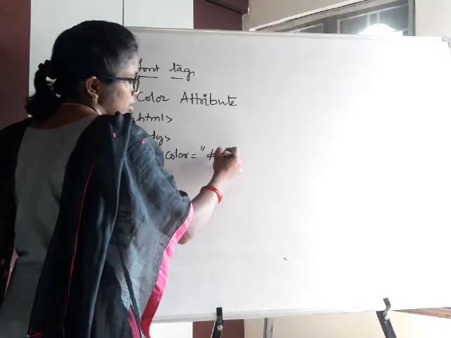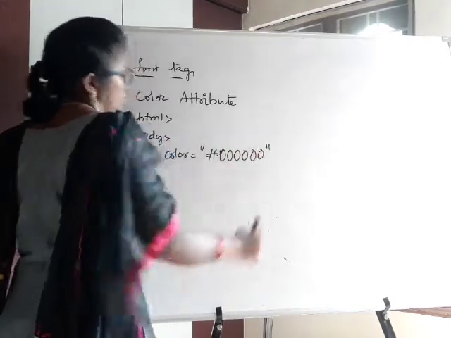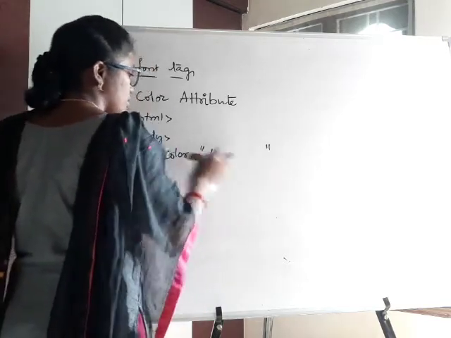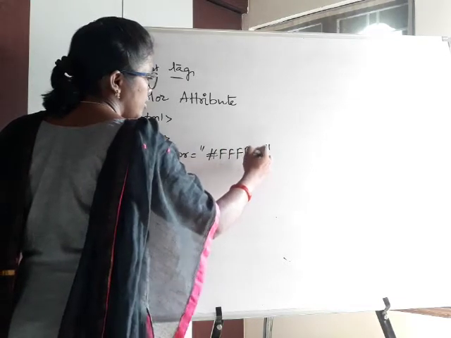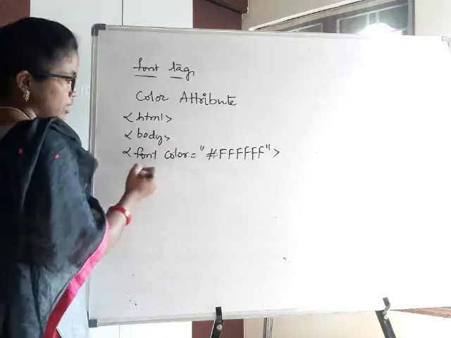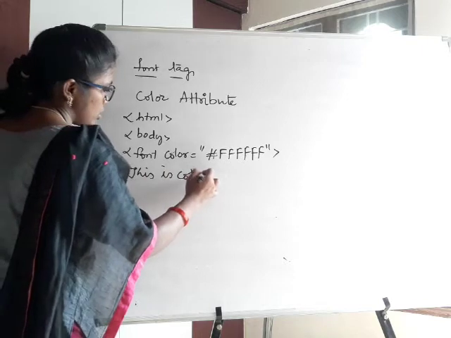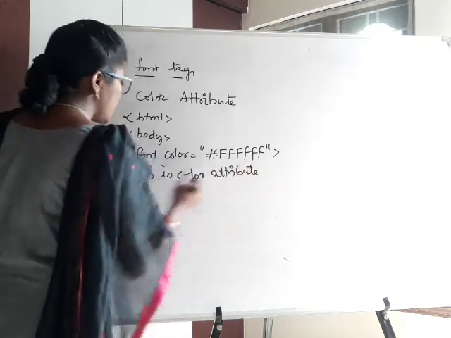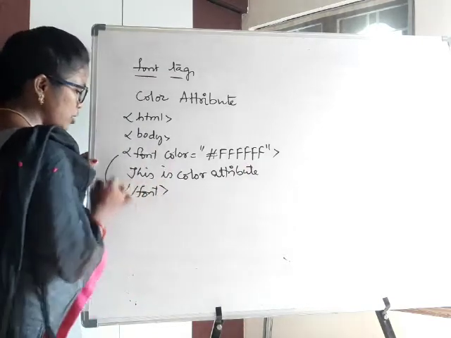Hash 0 0 0 0 0, or I can write 6 digits, all F F F. It is the black color, right? Otherwise here this is color attribute. So up to this I am closing this font. So the attribute with this font is finished.